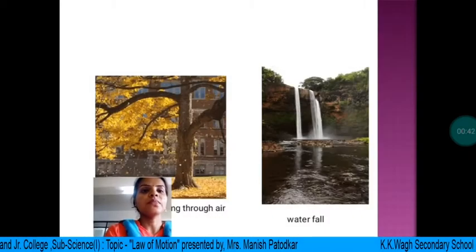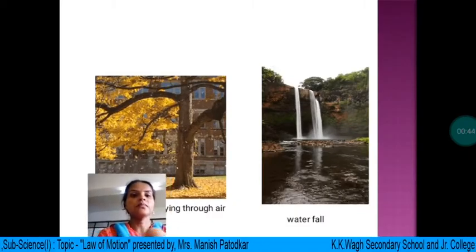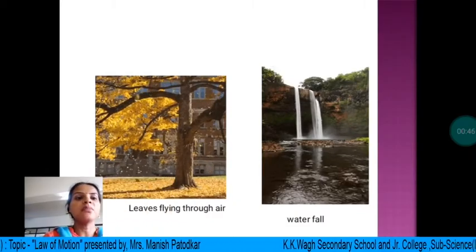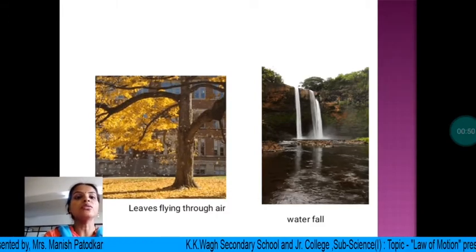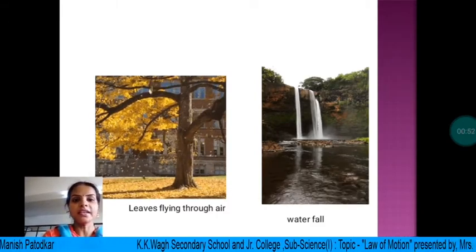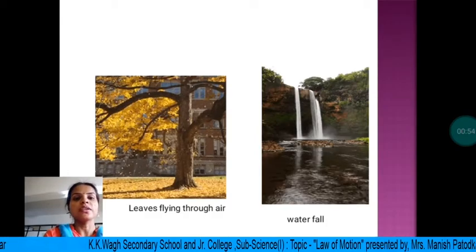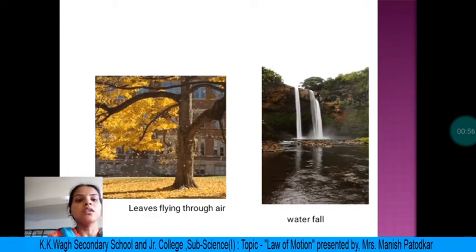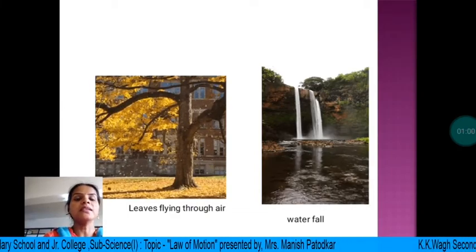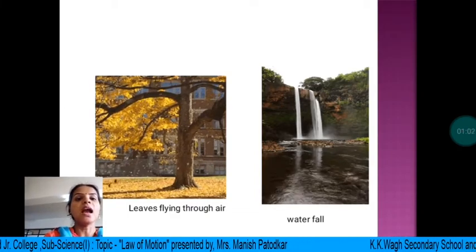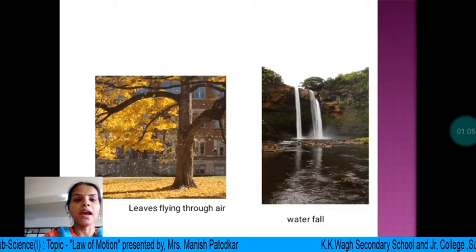Let's see. So here two examples were given on a screen. First example, leaves flying through the air. Second example, waterfall. In the first example, the leaves present on the tree are flying.